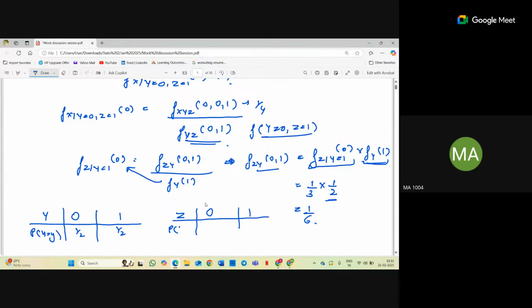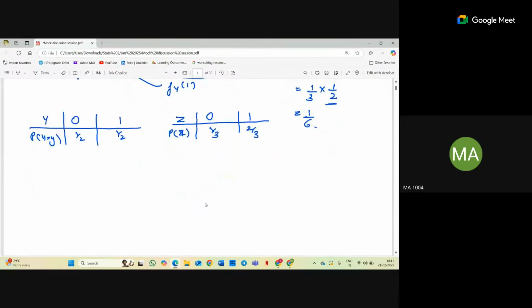The probabilities are 1/3 and 2/3. Now we will make a joint PMF of Y and Z.